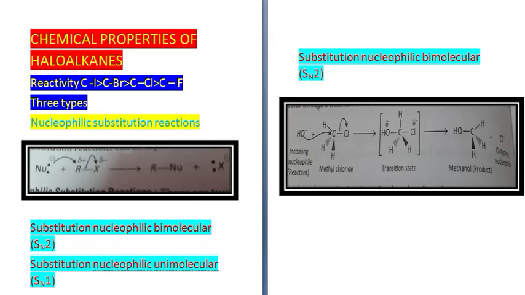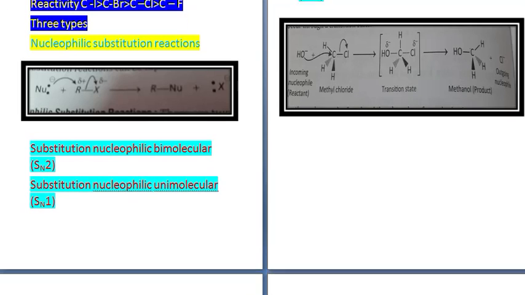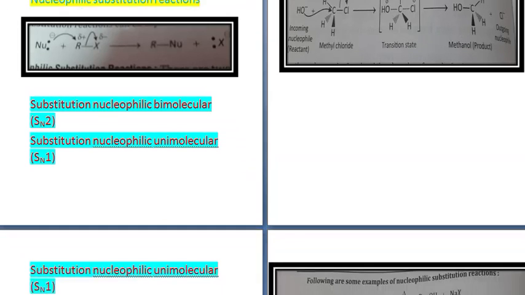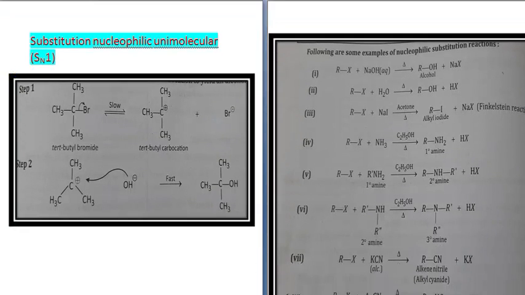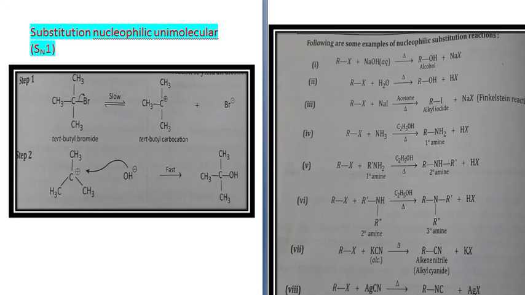Alright, next type of reaction is called substitution nucleophilic unimolecular reaction, that is SN1 reaction. And like I told you, SN1 reaction is a two-step mechanism.